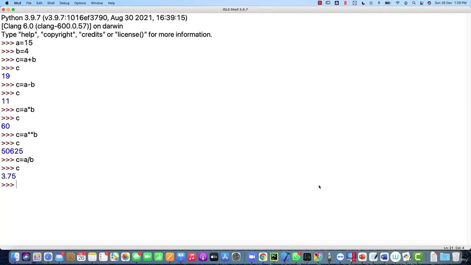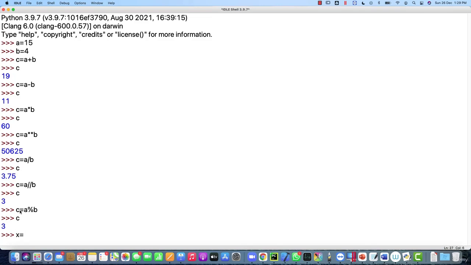We got a float result. Alright. Now if I say c assign a floor divide b, then c is 3. Now you can see here that this was having a decimal point, so this was a float number, but there is no decimal point here. It is not 3.0, it is just 3. So it means this is an integer division. Now if I take c assign a mod b, the result is what? 3. Alright.